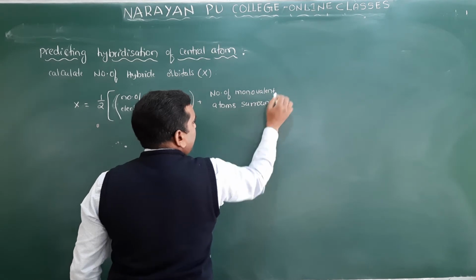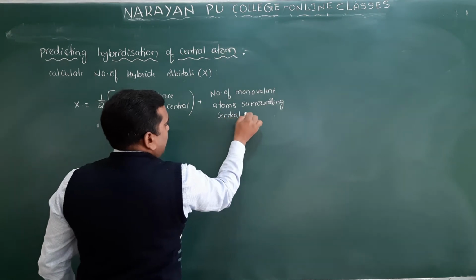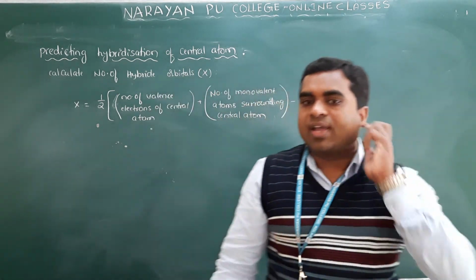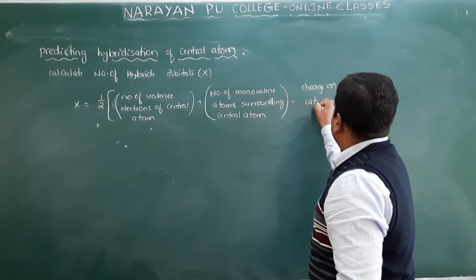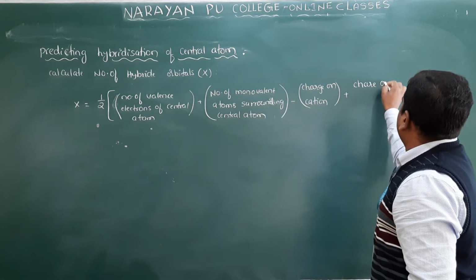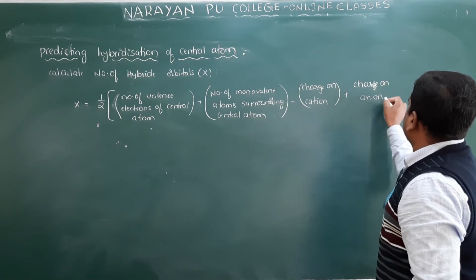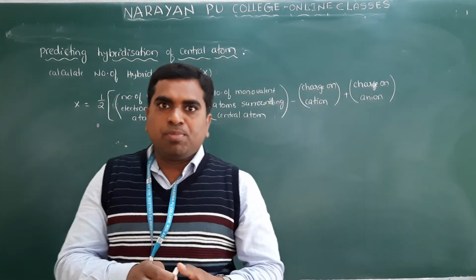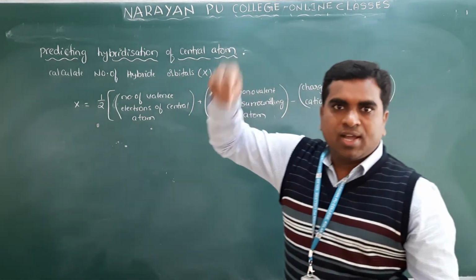Minus the charge on cation, plus the charge on anion. Anion means which charge? Negative charge. Cation means which charge? Positive. Positive means we will subtract one electron, and if a negative charge is there, we will add one electron.